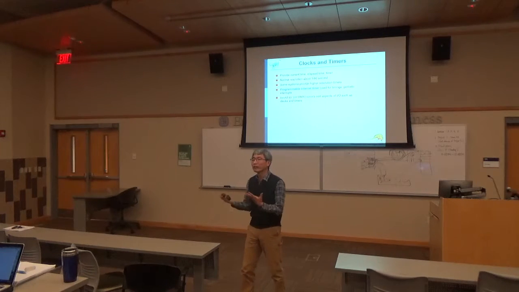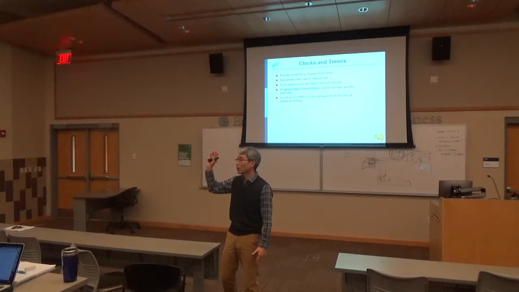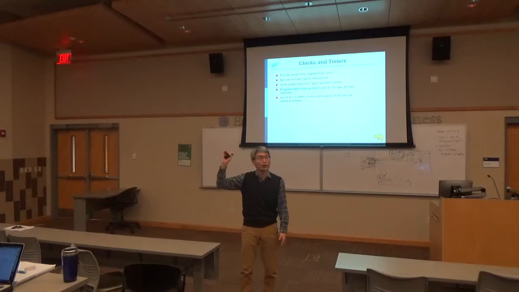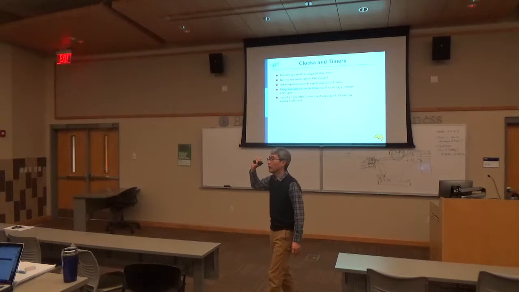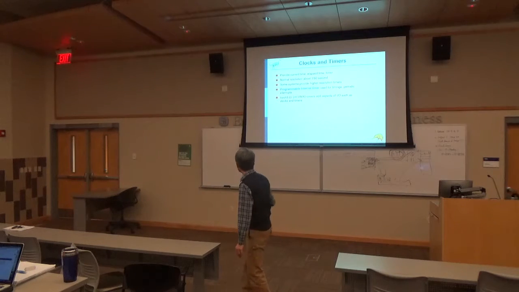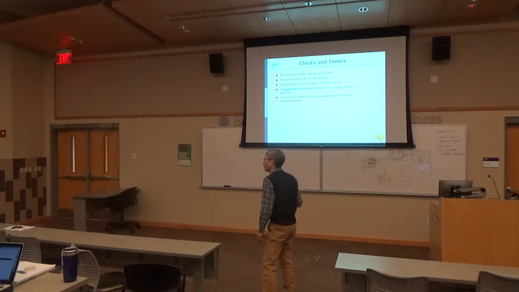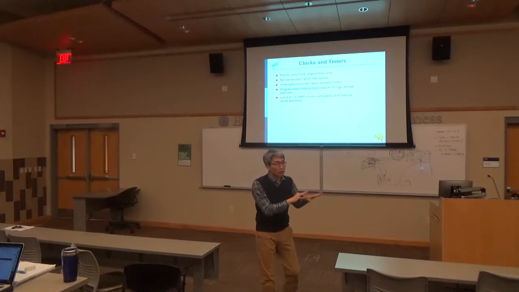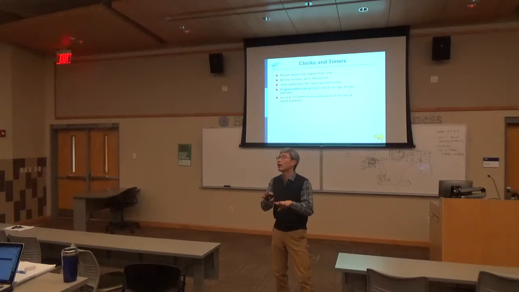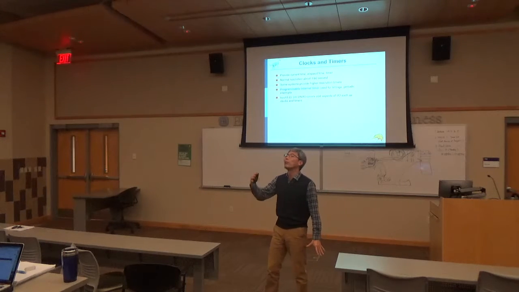Also CPU time for journaling or accounting purposes. It can also be used for the context switch, the CPU scheduling, and not only CPU scheduling, I/O device scheduling. It can be used for many others.